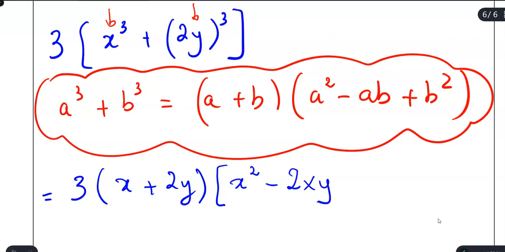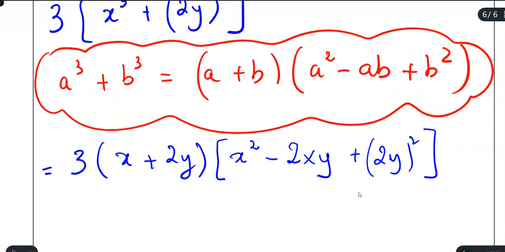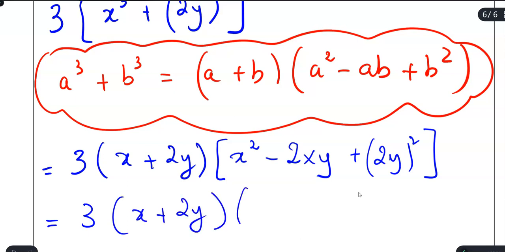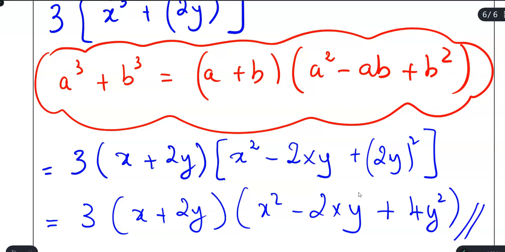Okay, so a times b is, a is x, b is 2y. So when I have x times 2y, I can write it as 2xy. And for b squared, be careful, I should have (2y), all of it squared, involving both the 2 and the y. So the final answer for this one should be 3(x plus 2y)(x squared minus 2xy plus 4y squared).